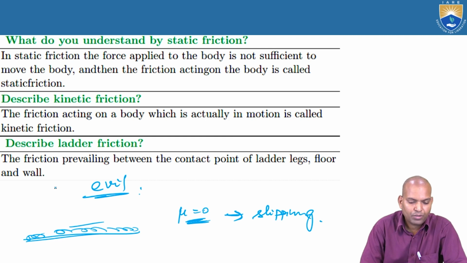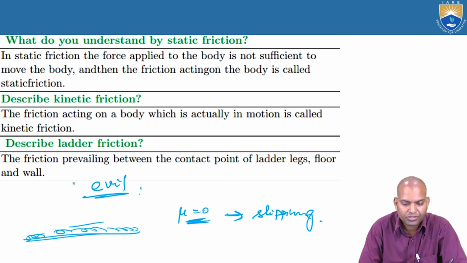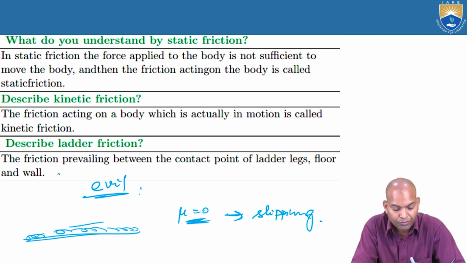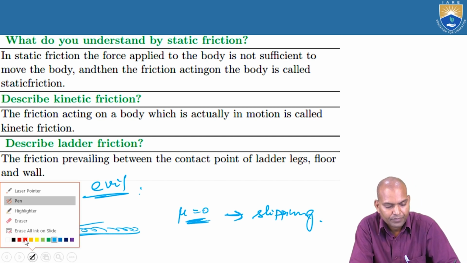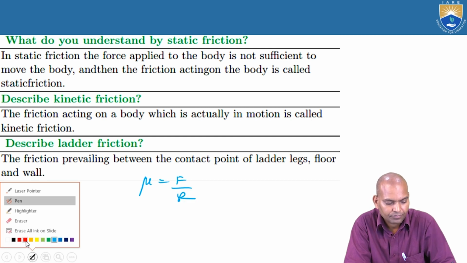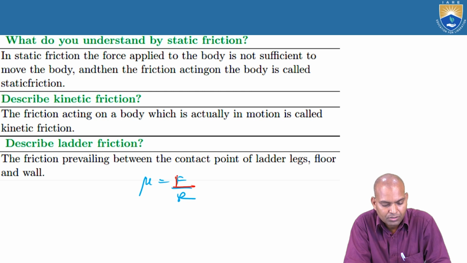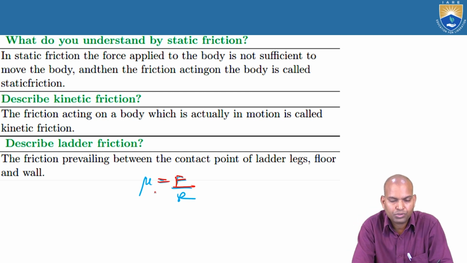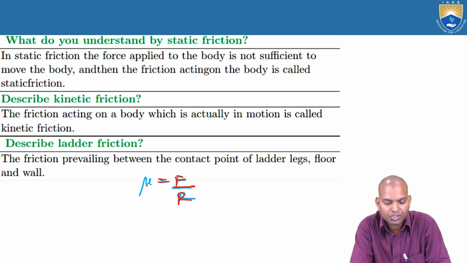Now, there is one more thing. We have studied certain terminology, and now, in order to find the coefficient of friction, we use the expression mu equal to F by R. Here F is the friction force and R is the normal reaction.